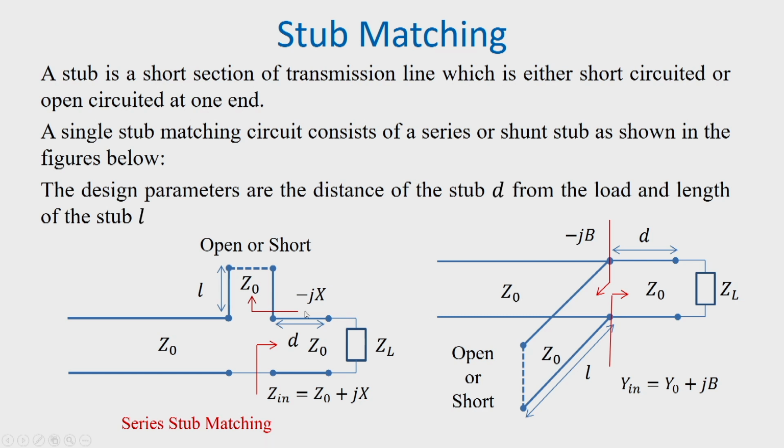So, if we look at both the circuits, what we observe is that the design parameters in this type of circuits are the distance of the stub D from the load and the length of the stub L, which may be either open or short.